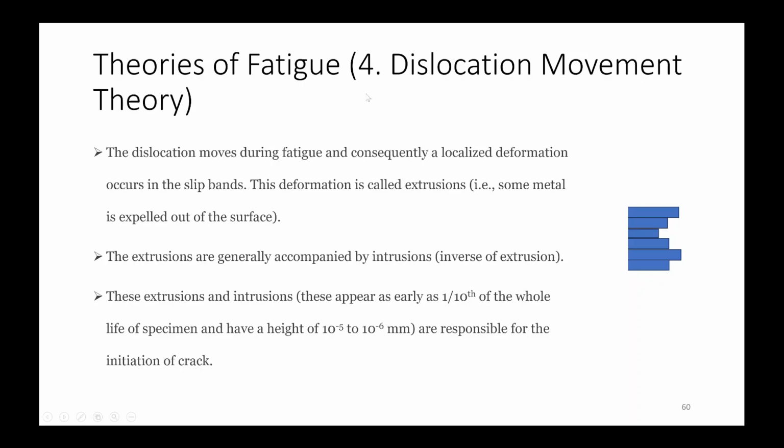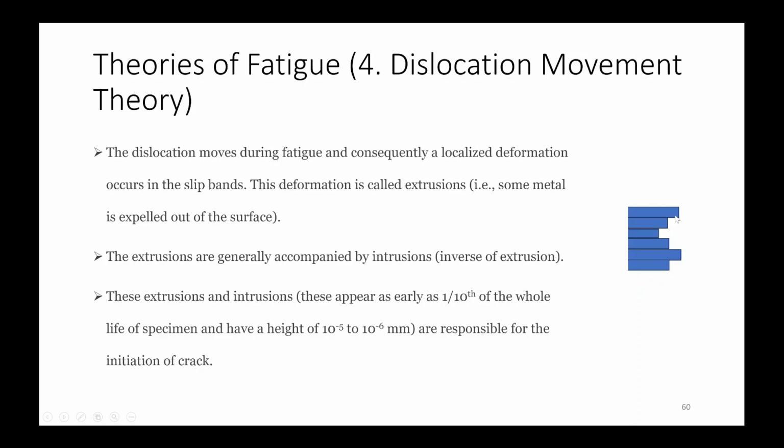Now the fourth theory is the dislocation movement theory. In this case, the dislocation moves during fatigue, and consequently a localized deformation occurs in the slip bands, and this deformation is called extrusions. In this case, some metal is expelled out of the surface, and the extrusions are always accompanied by intrusions.